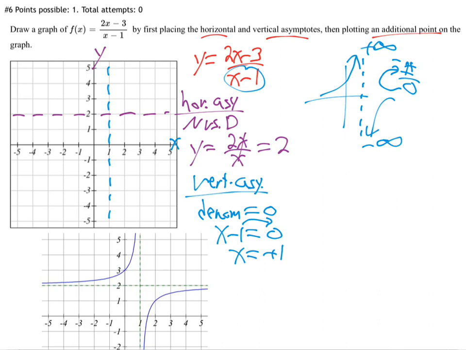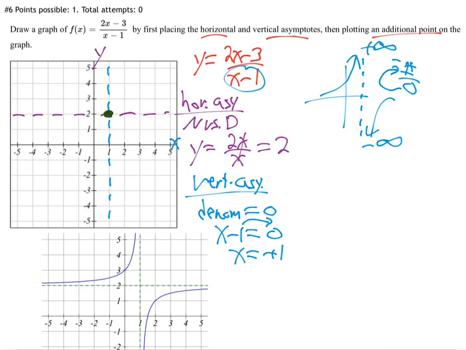Now, when you use the little graph making tool, they want you to first start with this dot. They want you to click on the dot, which is the center of the crosshairs. It's where the vertical and horizontal asymptote lines meet. They want you to click there.